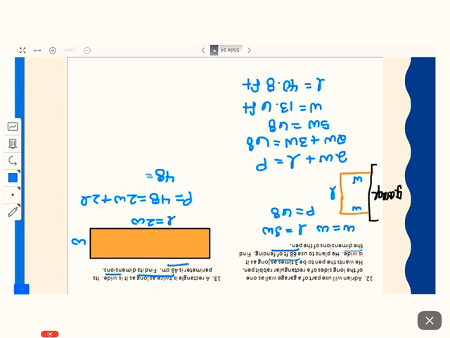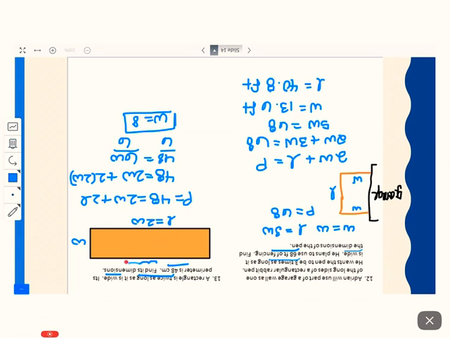So we get 48 equals 2W plus 2 times 2W, or 48 equals 6W. Divide both sides by 6, and W equals 8.